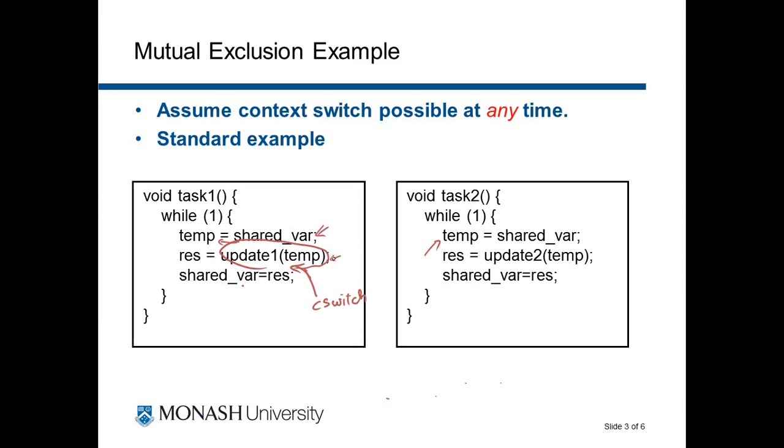So you get a context switch here. This process completes, then this process continues to run. What gets lost is this update in task 2, right? Because this value, which is written once, gets immediately overwritten in my first task.